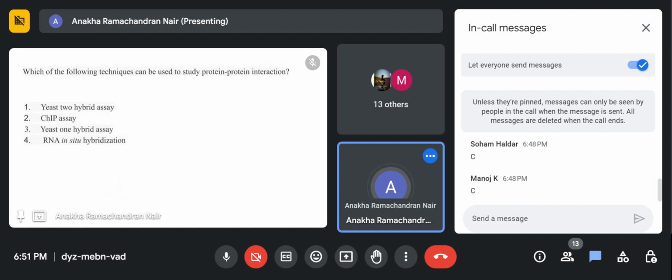The question is which of the following techniques can be used to study protein-protein interactions? So your options are yeast 2 hybrid assay, a ChIP assay, a yeast 1 hybrid assay, and RNA in situ hybridization. So just write down what you think the correct answer is in the chat.